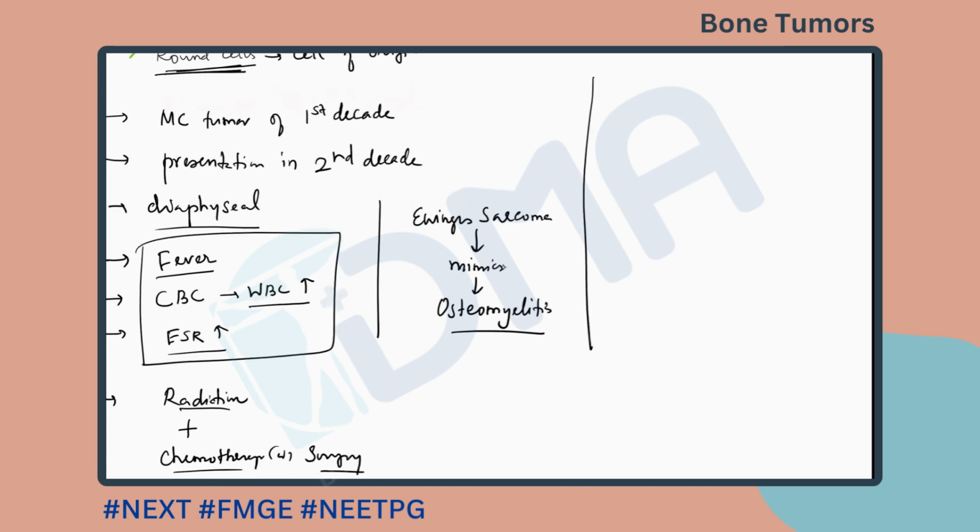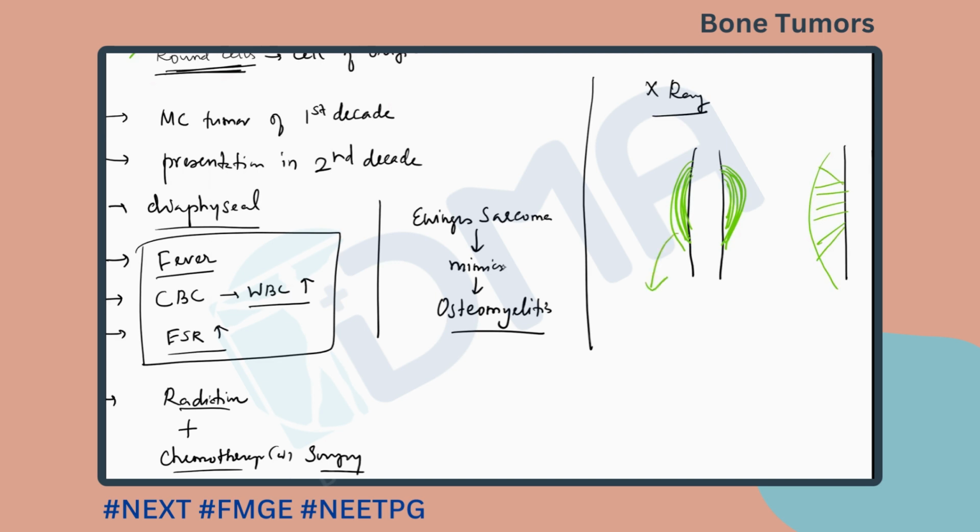When you take an X-ray of this patient, if this is bone, the periosteum will form thickening like this. Okay. How does the periosteal reaction look in osteosarcoma? What is this appearance called? Sunray appearance.